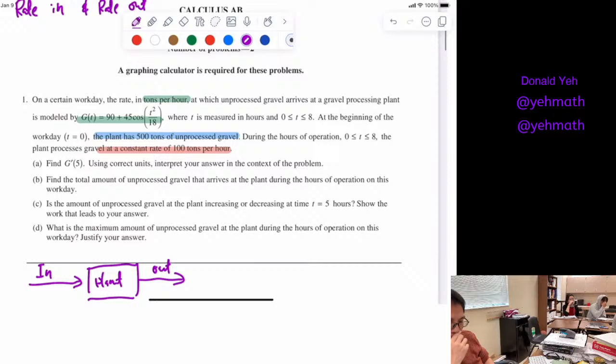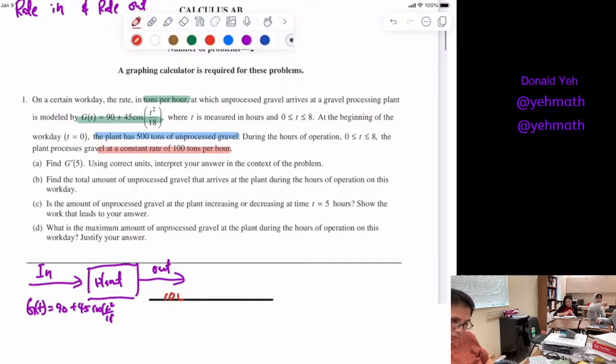And there was some type of rate. So we have the rate of going in. And the rate of coming out is what? 100. 100. So I'm going to color code this so that way you can see.